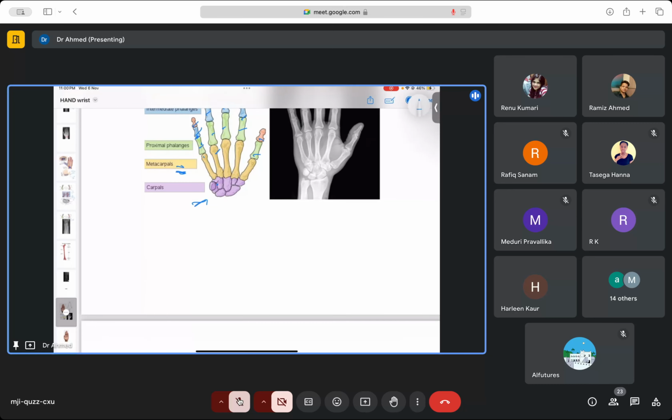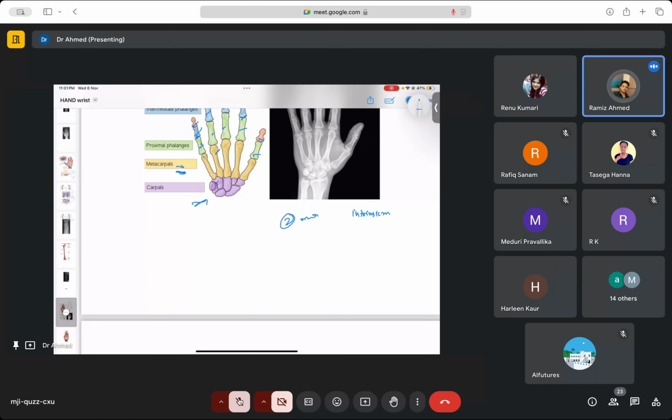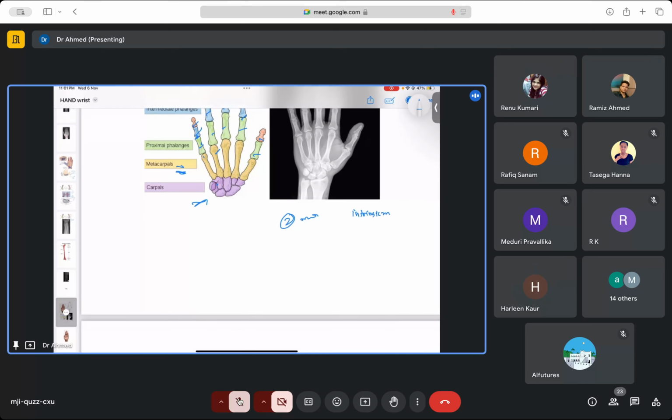So the ulnar nerve is going to supply... Okay, you have two groups of muscles in your hand. One is known as intrinsic muscles and the other as extrinsic muscles. Can you tell me what the intrinsic muscles are? Interossei and lumbricals, and the thenar. Perfect. So your interossei, your lumbricals, thenar and hypothenar, those muscles which are present in your hand.